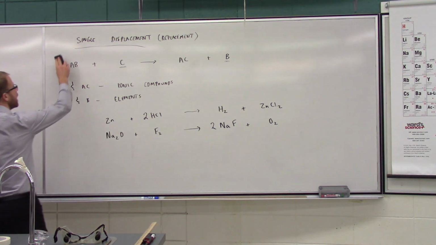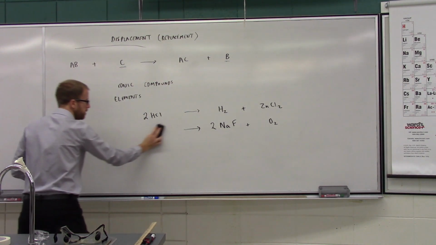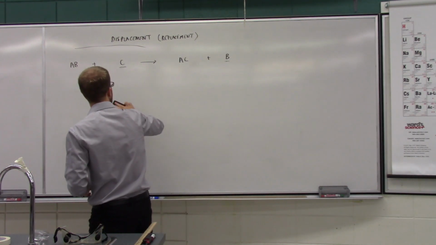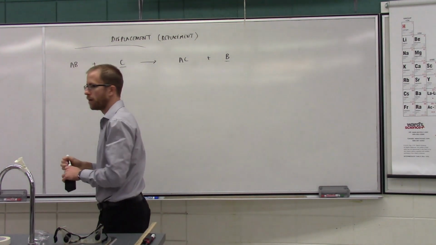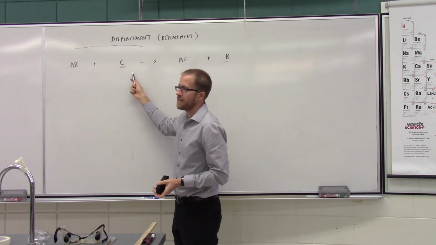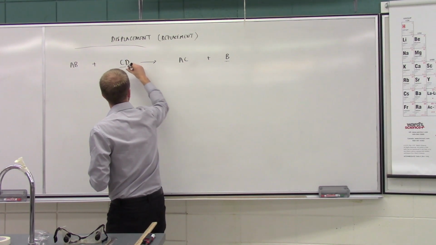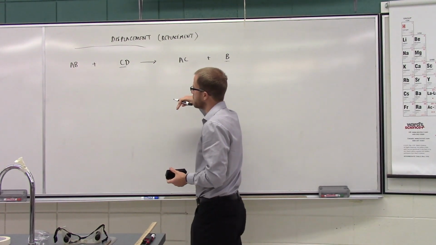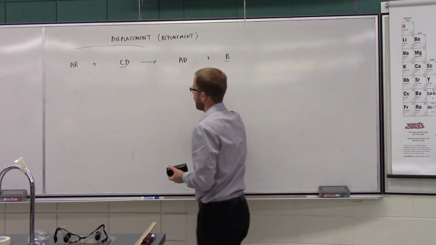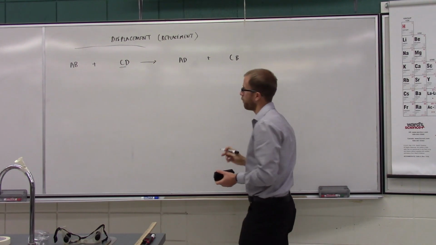Next up is double displacement or replacement. Now this one, you are going to be doing a do-si-do. You are going to be exchanging partners. Right, no one's left lonely. Here, C was sneaky, stole A from B. Here, they are switching partners. Okay, so we'll have A, D, and C, B, for example.